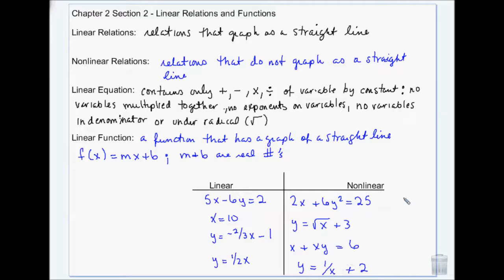Okay, these are not linear. The first one because of an exponent. The second one because of the radical. The third one because x and y are being multiplied together. And then the last one is because of x being in a denominator. You can't have any of those things.